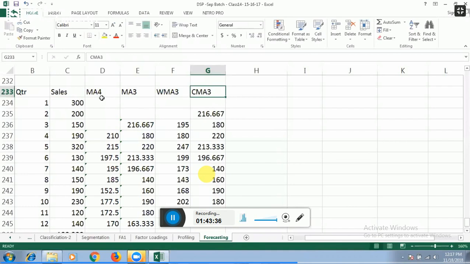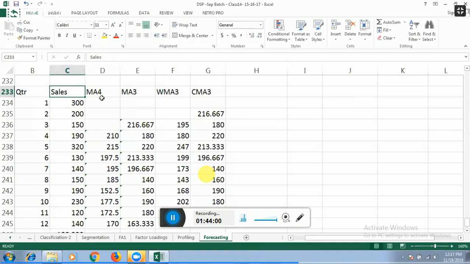If, instead of a simple average, I give weights to each time period, that is a weighted moving average. A centered moving average is when we take the future and the past, and that is considered a centered moving average. So this is how the concept of moving average looks.